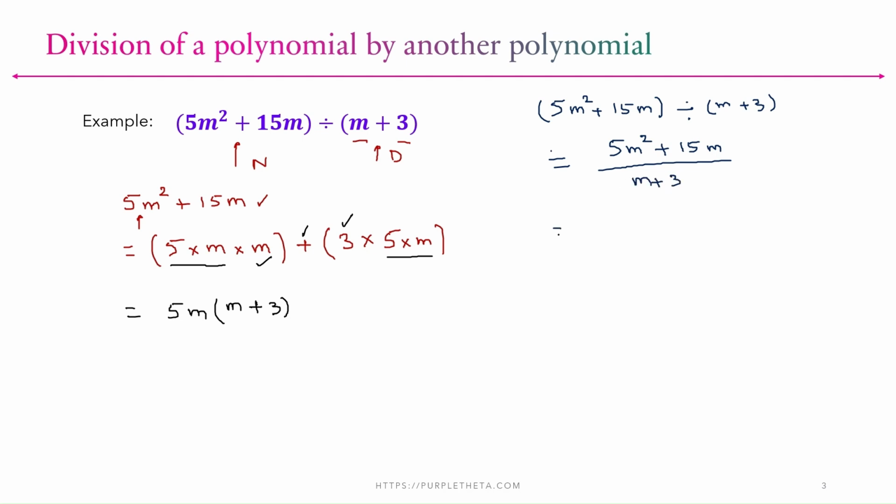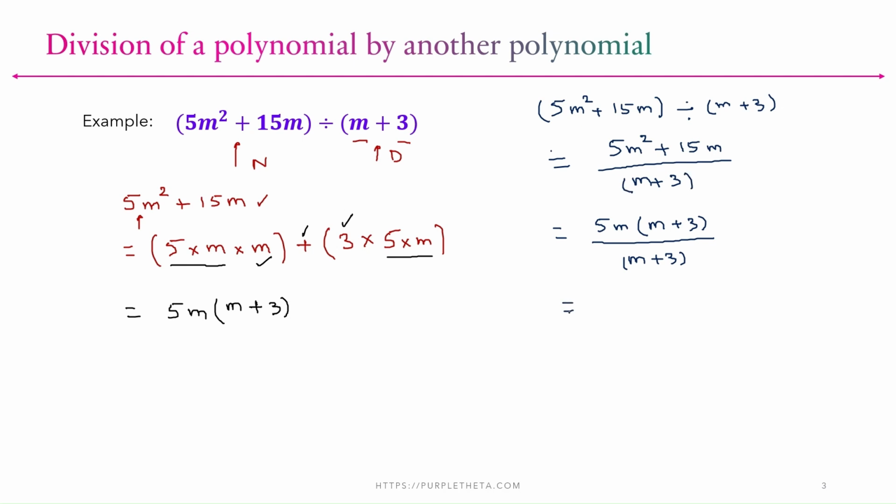This is equal to, for 5m square plus 15m, we know that we have 5m as a common factor, and in the bracket there is m plus 3, and at the denominator's place we have m plus 3, right? Let us keep m plus 3 in bracket here also.